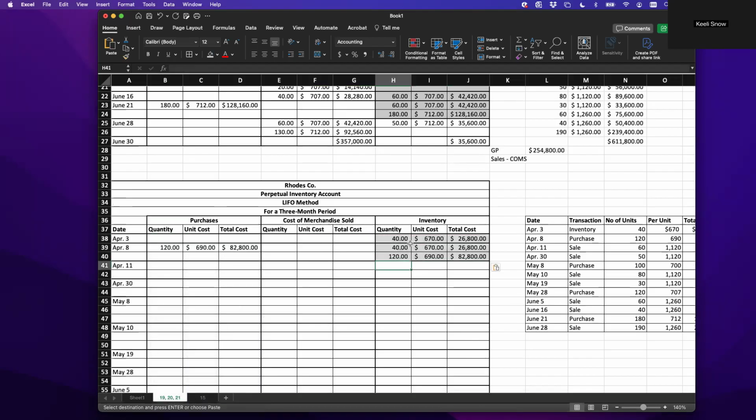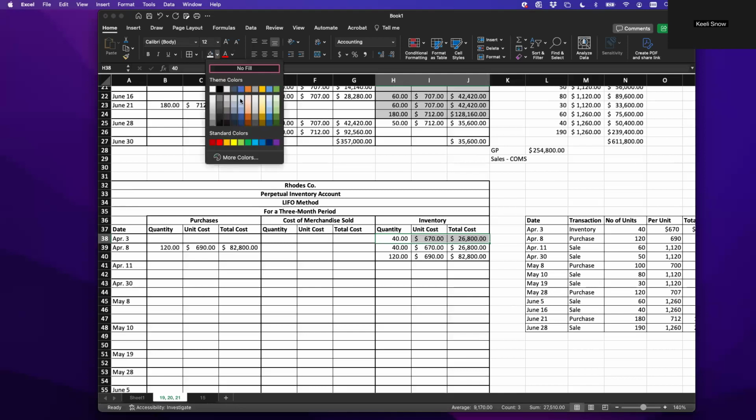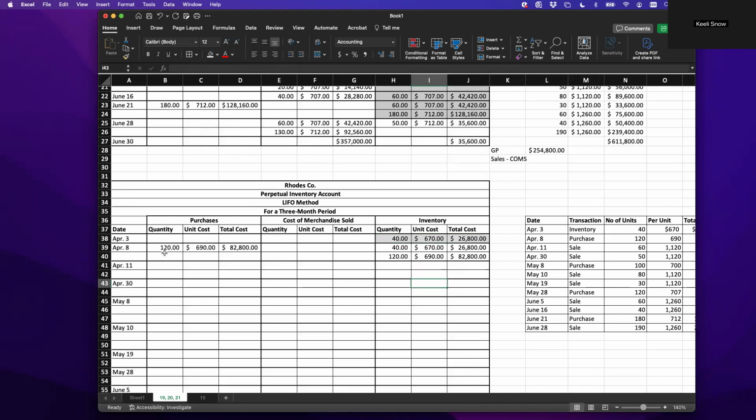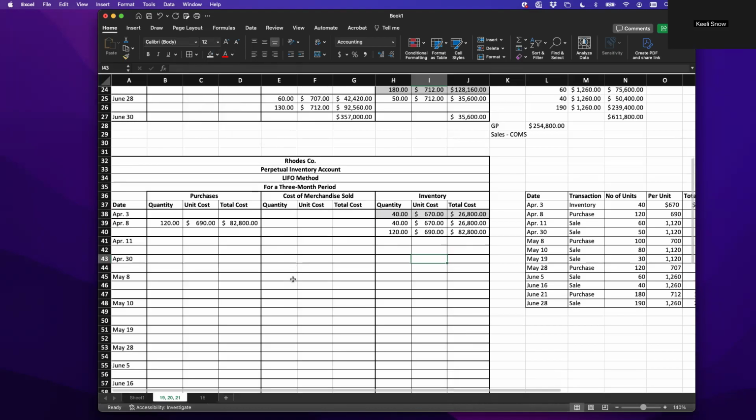Because we're going to start out with an inventory of 40 with a unit cost of 670, total of 26,800. We'll move that down when we update our next inventory. So I'm going to go ahead and gray that out. And then we have 120 that we purchased for 690 for 82,800.